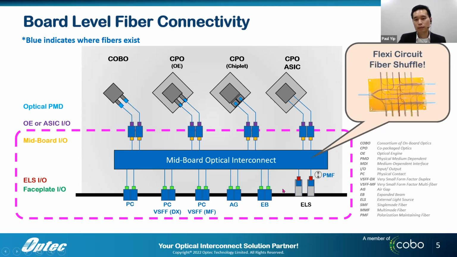What we learned from the industry is that the reflow is used in the chipset fabrication, so it is separate. We can load these passive fiber shuffles before or after the process of assembling these ASICs in the PCB boards. So reflow is not required in this scenario. Okay.